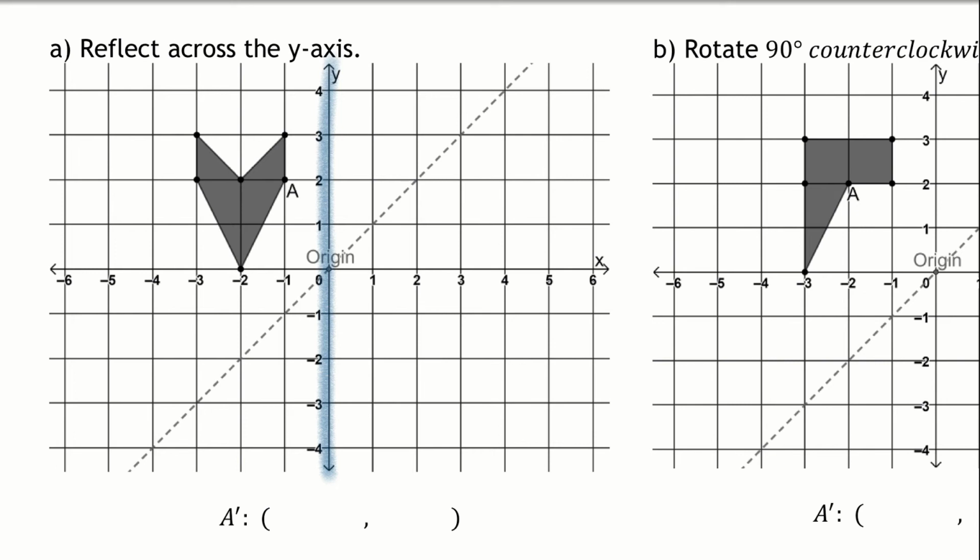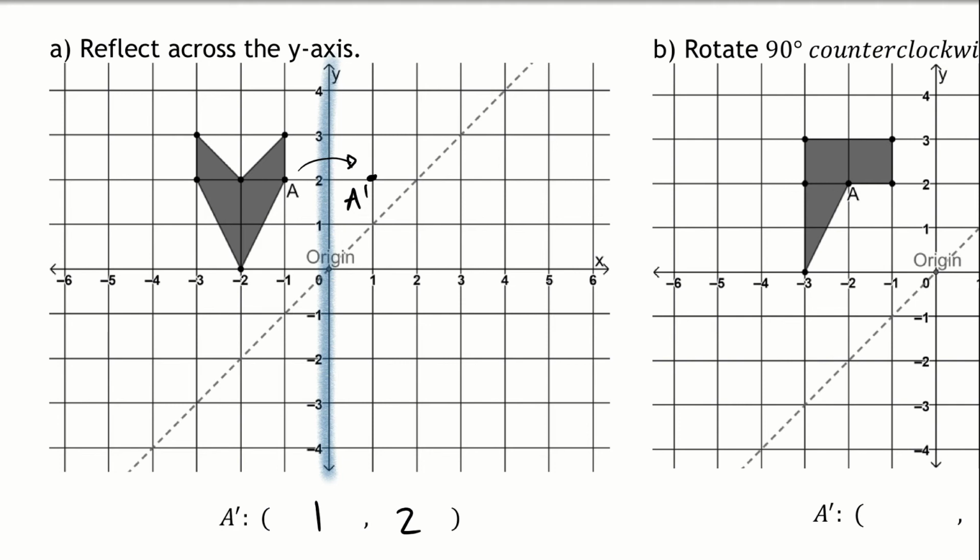So A, when you map it to this spot, this will become A prime. Before I even finish drawing the rest of this, I can come down here and say A prime is going to be located at (1, 2).